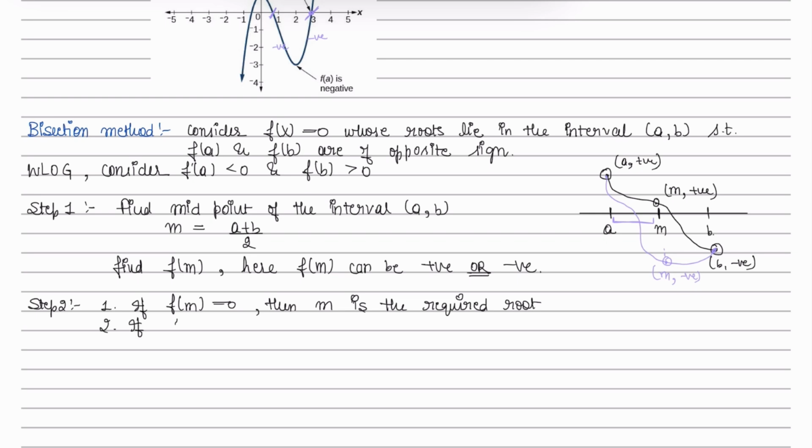Secondly, if f of m is greater than 0, then the root lies in the interval a comma m. And thirdly, if f of m is less than 0, then the root lies in the interval m comma b.